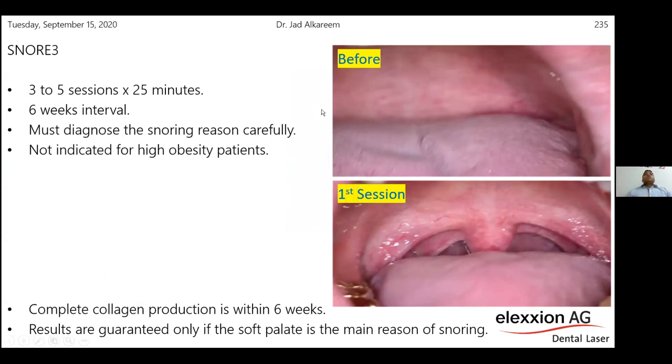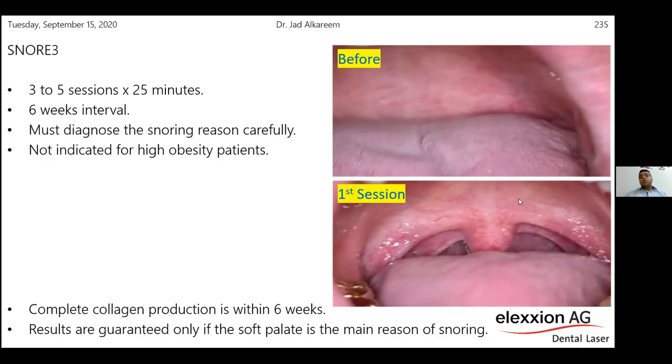The type of snoring of the patient which can be treated is snoring because of the soft palate. Some snoring is because of the vocal cords, some because of the soft palate.